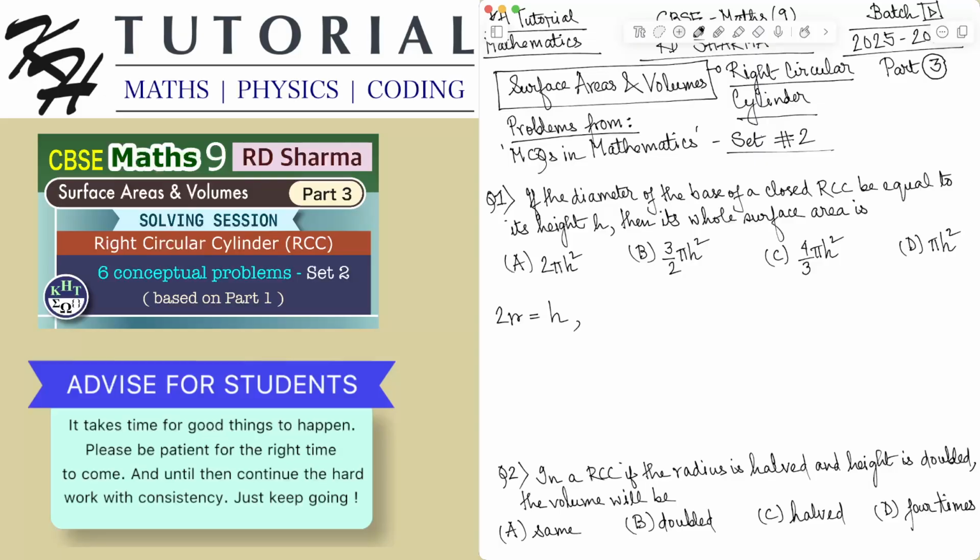Then what is whole surface area means the total surface area, which is TSA. TSA we know is equal to, now I never remember the formulas by heart. I always try to visualize what is TSA and what is LSA. Only I remember is volume, which is pi r square h.